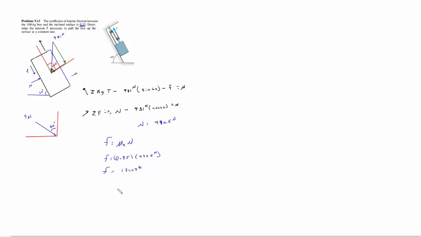Now I can take this value and put it in here. So tension minus 981 times the sine of 60 minus the friction, 171.67 newtons, is all equal to 0. Plugging that in, we get that the tension is 1021.24 newtons.